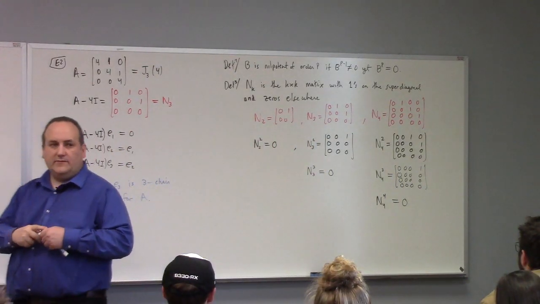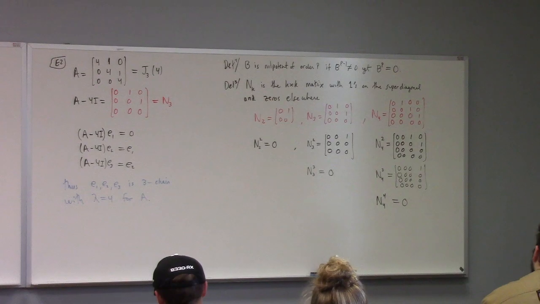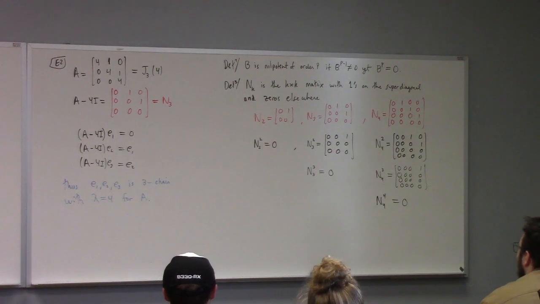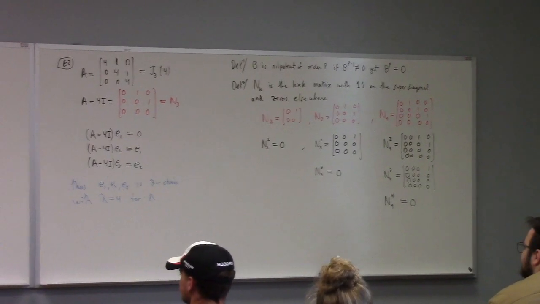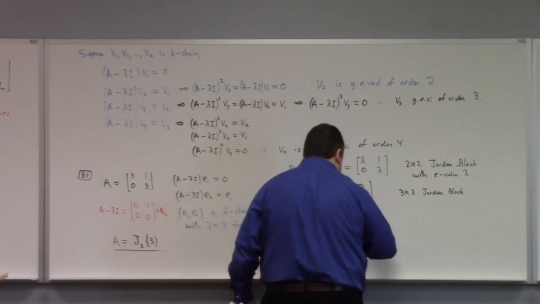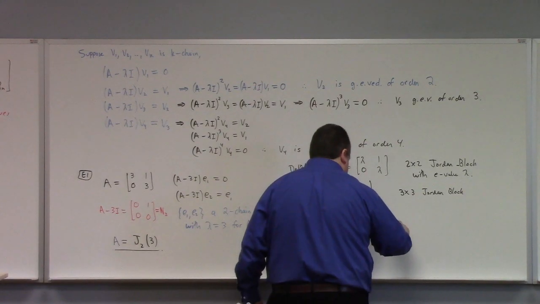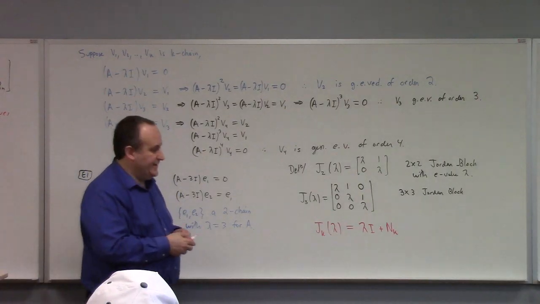So in retrospect, we could use this nilpotent matrix to explain the form of the Jordan block. If you go back and look at my Jordan blocks, we can say a little bit more. What would the k by k Jordan block be? What we would do is lambda times the identity matrix plus N sub k, and that's the k by k identity matrix.